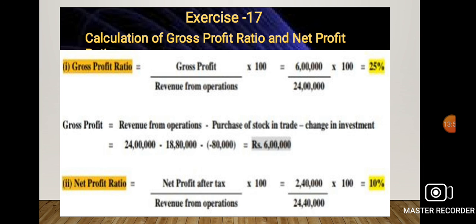So the net profit after tax 2,40,000 divided by revenue from operations 24 lakhs, multiplied by 100, we get 10%. So this is the net profit ratio.